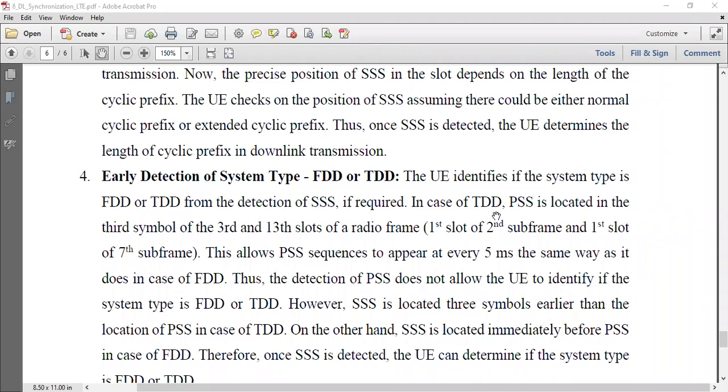Like in the case of TDD, the PSS is located in the third symbol of the third and 13th slots of a radio frame. Okay. Or I can tell you that in the first slot of the second subframe, and the first slot of the seventh subframe.